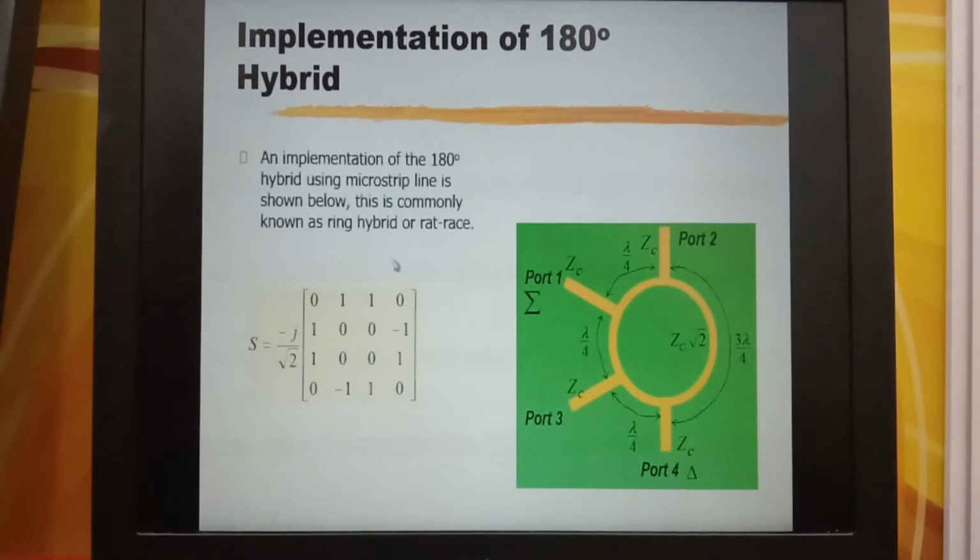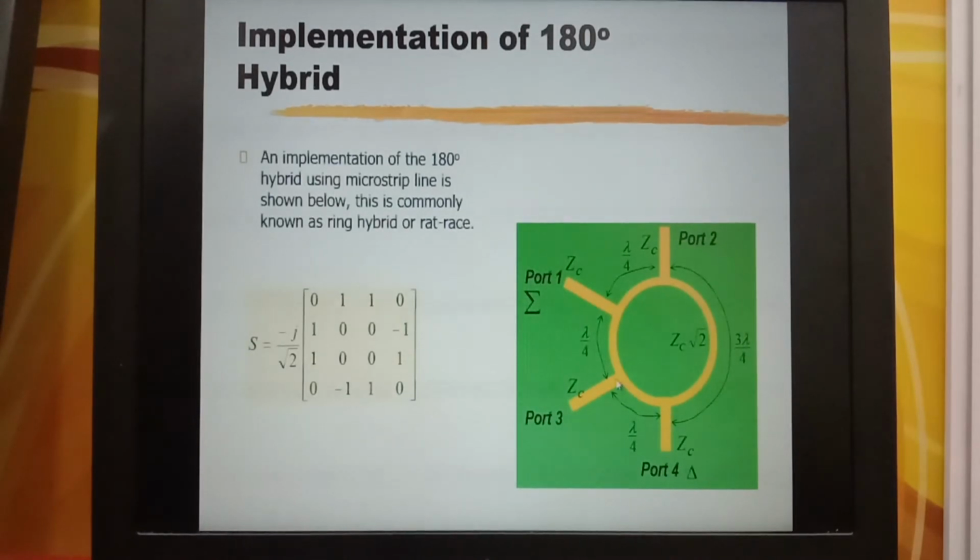The S matrix looks like this. If we input a signal to port 1, the T junction will split half of the power to port 2 and the other half to port 3. But none of the signal will go to port 4 because from port 3 to port 4 we have a 1/4 wave line, whereas from port 2 to port 4 we have a 3/4 wave line.